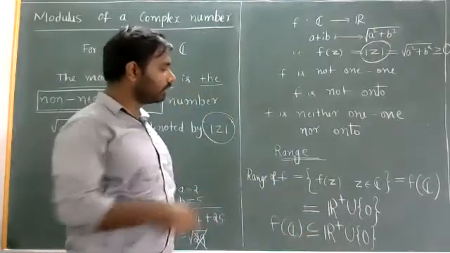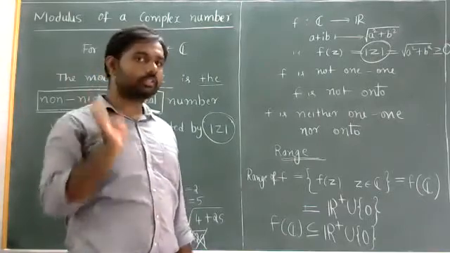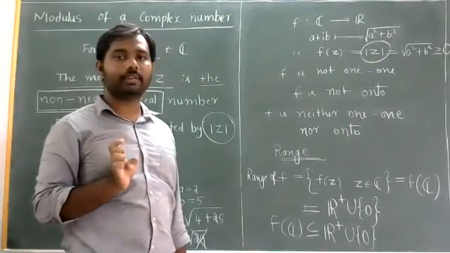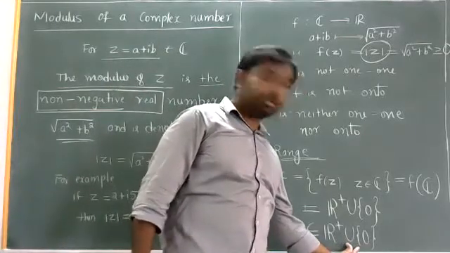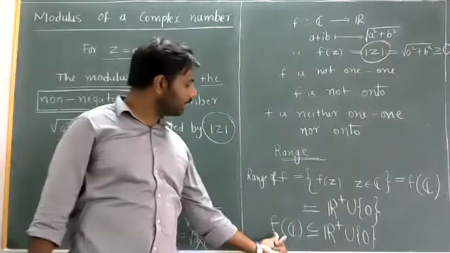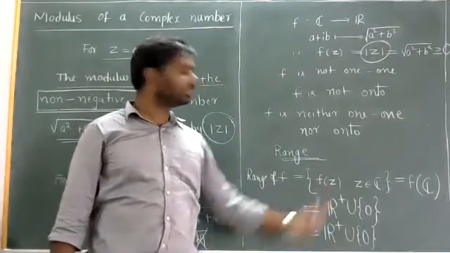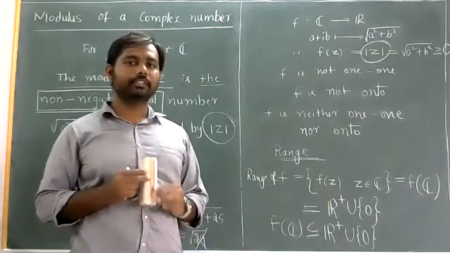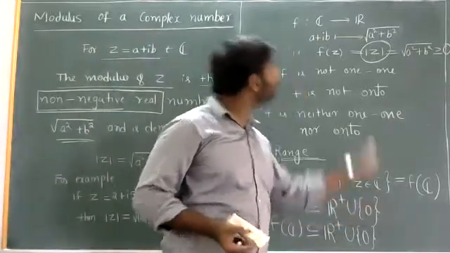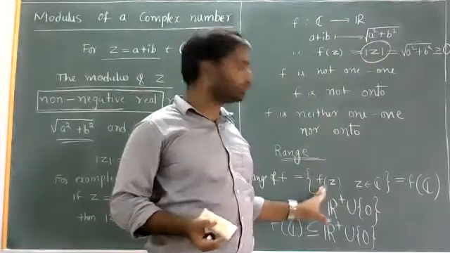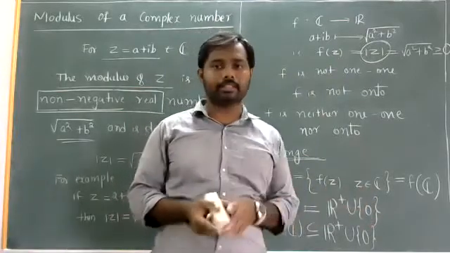And what about the converse? That means, can I say all non-negative real numbers are the elements of this set? This set only contains images of elements of C. It contains images of all complex numbers.